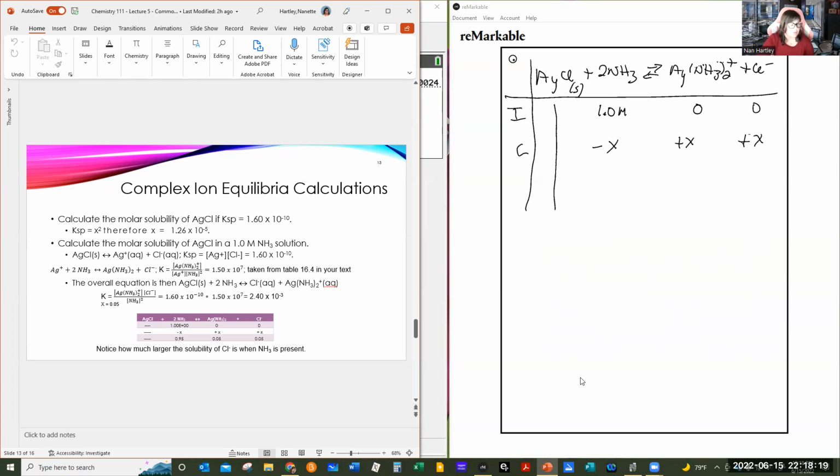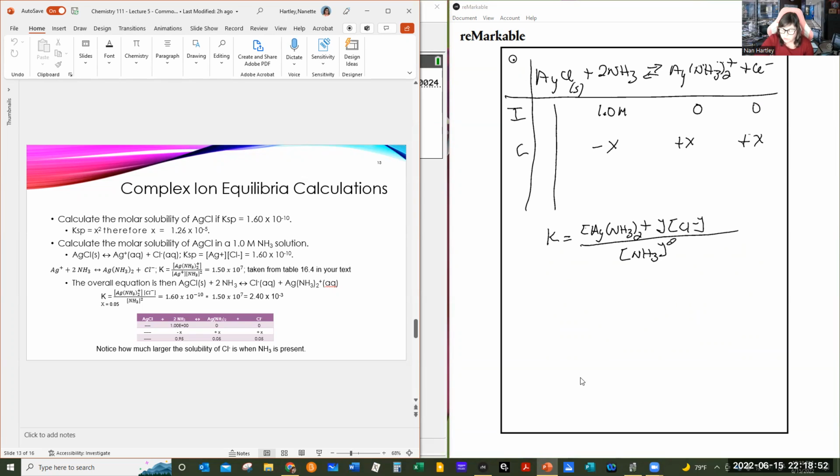We then end up with that expression, the K equals Ag(NH3)2+ times the Cl minus over the NH3, and the NH3 is squared, I apologize. And we make the assumption that the X is small.